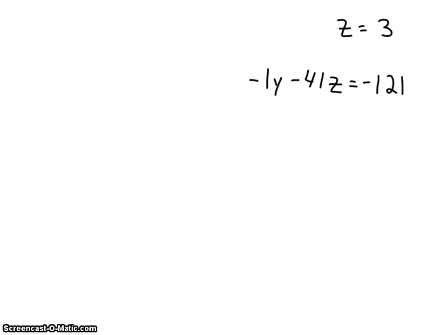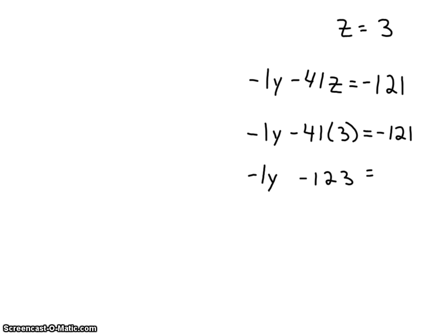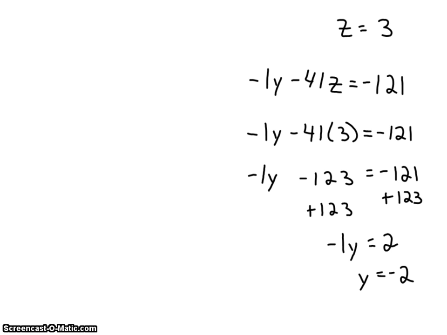Now I'm going to substitute z into this equation, which contains two variables, in order to solve for y. So I just put 3 in for z. Now I get negative 1y minus 123 equals negative 121. I will add 123 to both sides. I get negative 1y equals 2. Therefore, y equals negative 2 by dividing both sides by negative 1.